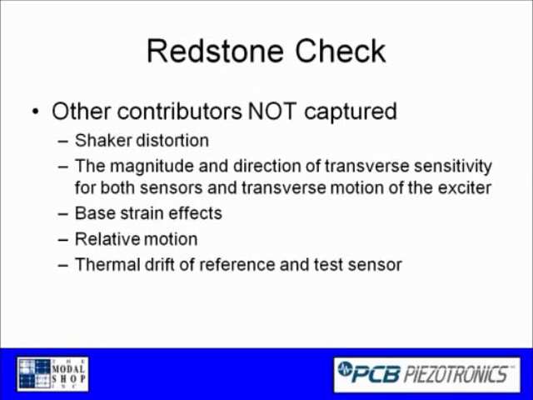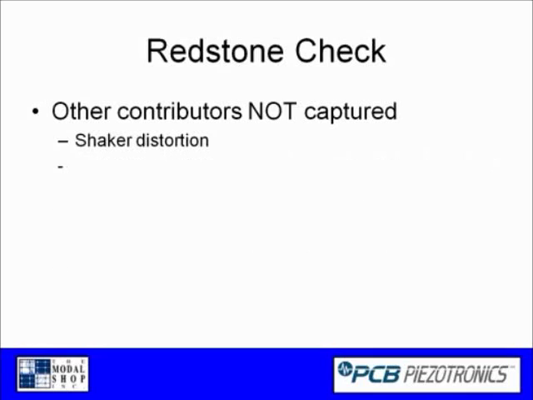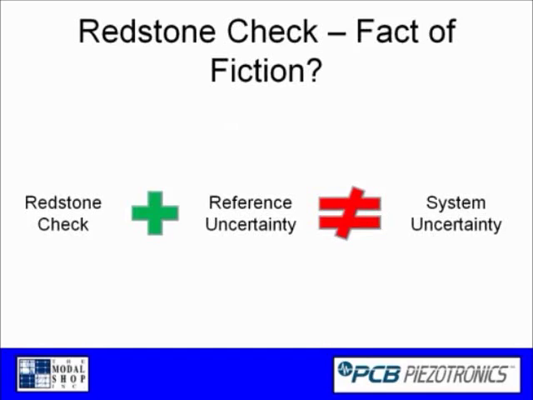Shaker distortion is something that the Redstone check is going to ignore. Transverse motion we saw, base strain, relative motion, and thermal drift of the sensors over an extended period of time are all not going to be captured by the Redstone check. So this leads us to the conclusion that we cannot use the Redstone check to calculate system uncertainty.